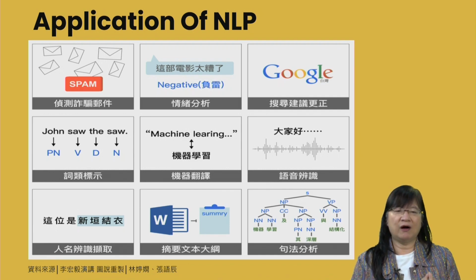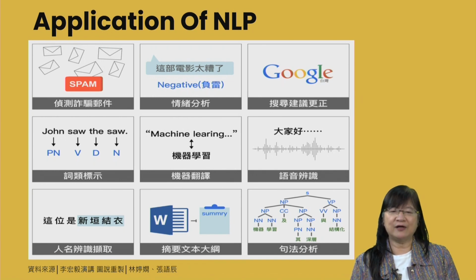And then, of course, for translation, we used Google a lot before. Now we use ChatGPT to help the machine learn how to make a translation. Besides that, not only for words, but also for oral language, they can do voice analysis and voice recognition. Another one is named entity recognition.